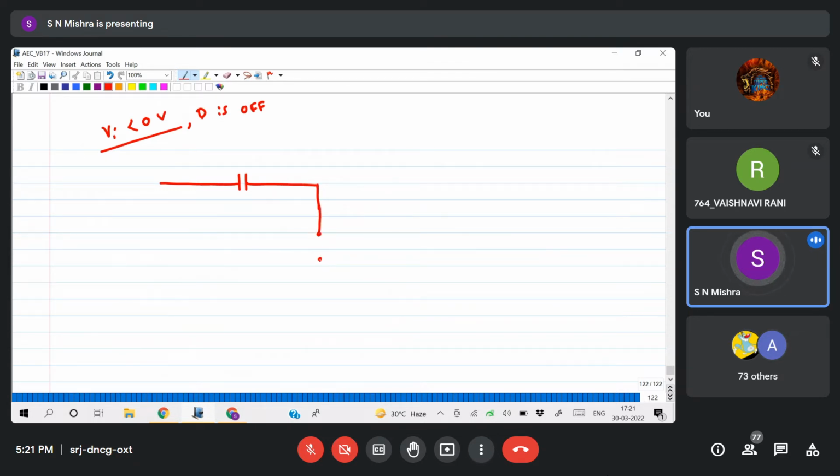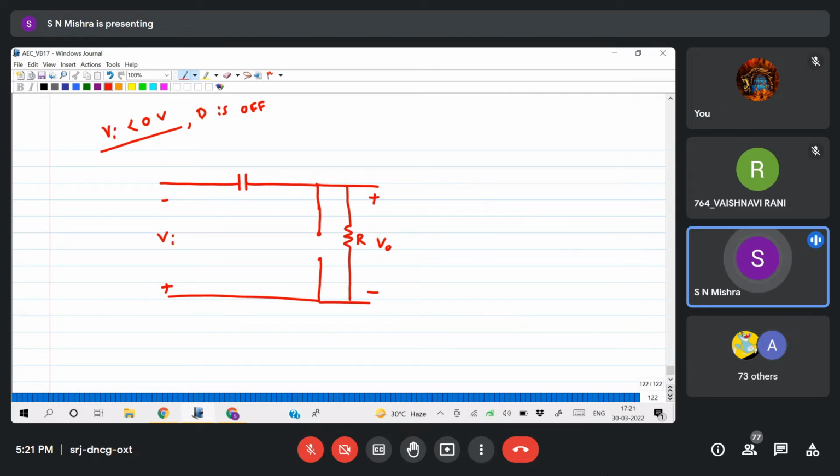Off means open circuit. Here the resistor has plus minus V naught, and here plus minus Vi.